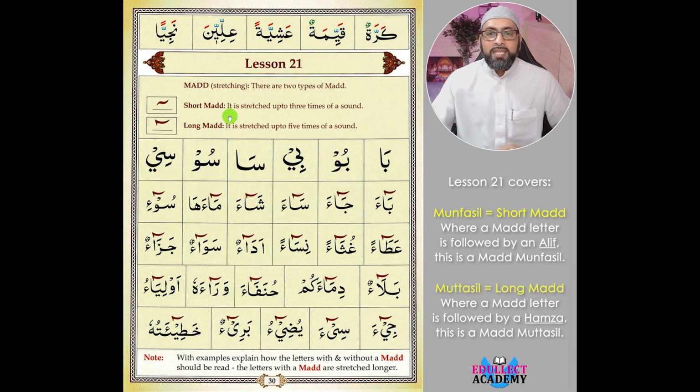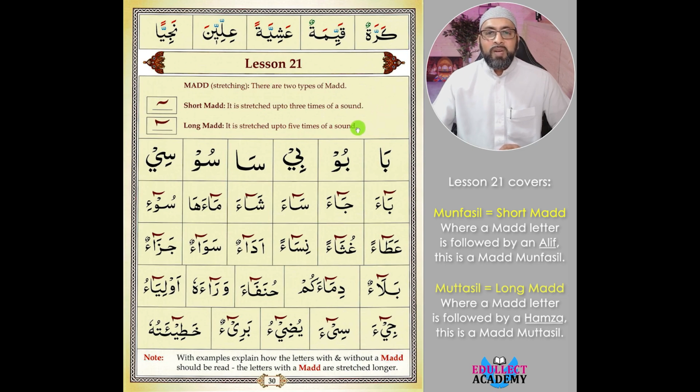So in this instance, these mad where you have the dagger are referred to as mad muttasil. You don't have to remember the name, but if you did, it's good. So in your book, just write this down: mad muttasil, and this one is mad munfasil.